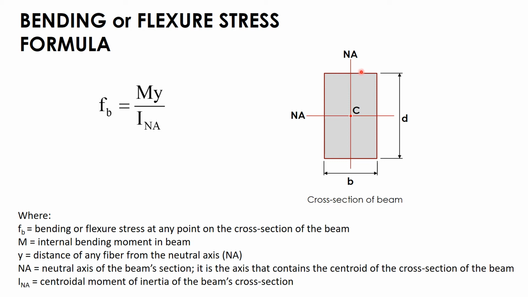Then, sa pinakamalayong fiber from the neutral axis, nandiyan naman ang maximum bending stress kasi pinakamalaki yung value ng y. Pero, ang shear stress naman dyan ay 0 kasi wala kang kukuhanan ng value ng Q, which is A prime bar Y. So, again, this is the value or formula for INA.